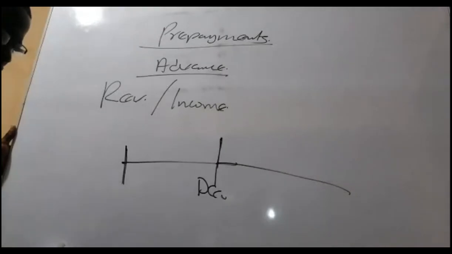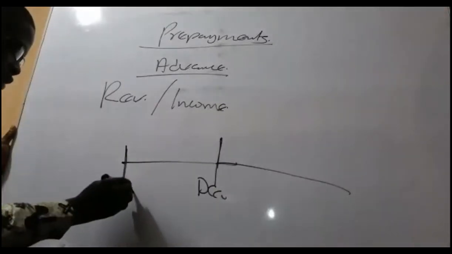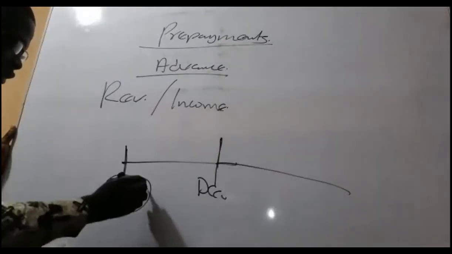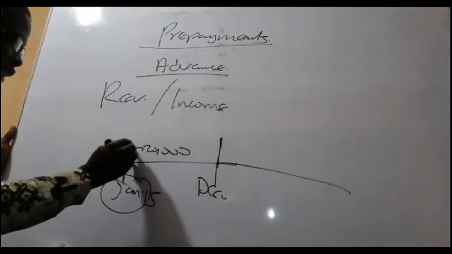You're supposed to pay, let's say, 10,000 for the office premises for a year. So 2 years is 20,000. On the 15th of January, you hand over 20,000 to the landlord.